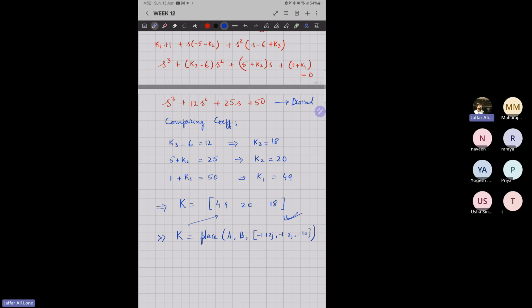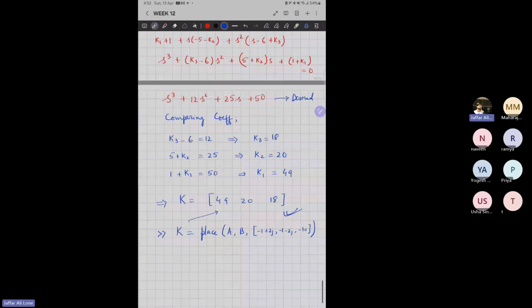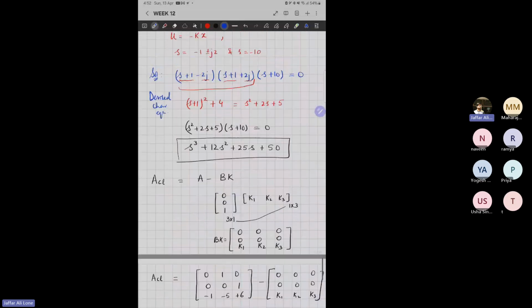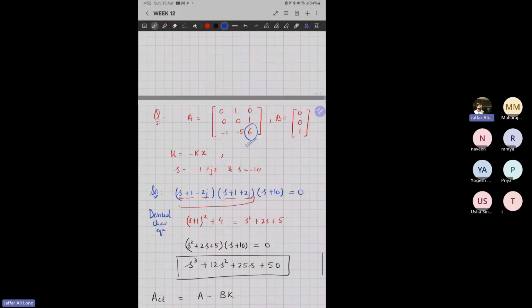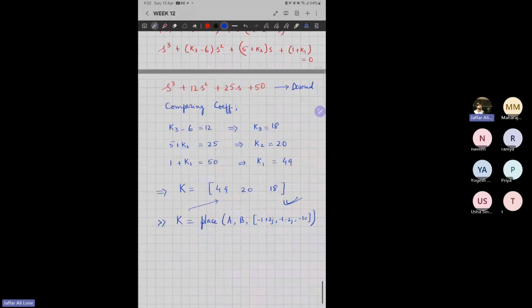Is it okay? Any doubt in this? In your assignment, the question is similar, only here it's a minus 6. Use minus 6 and solve this, and you'll get some different answer, maybe some terms will be the same, but some terms will be different.